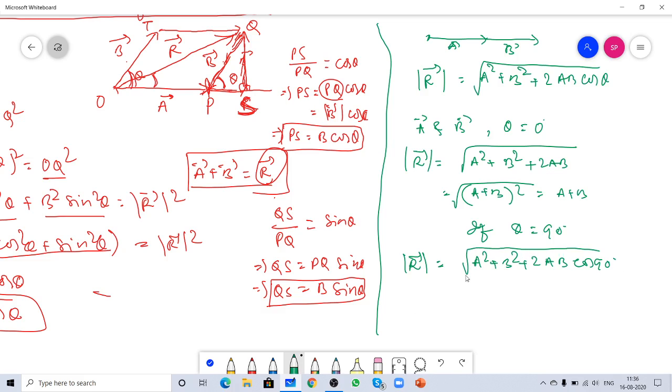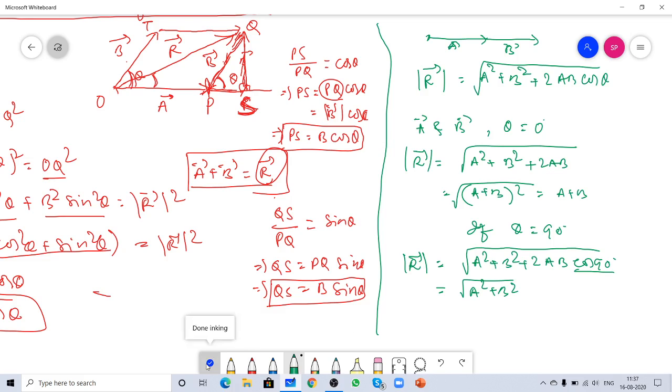Cos 90, you know, is 0, so the resultant will be the square root of a square plus b square. In the same way, for different angles you can find out the resultant of two vectors.